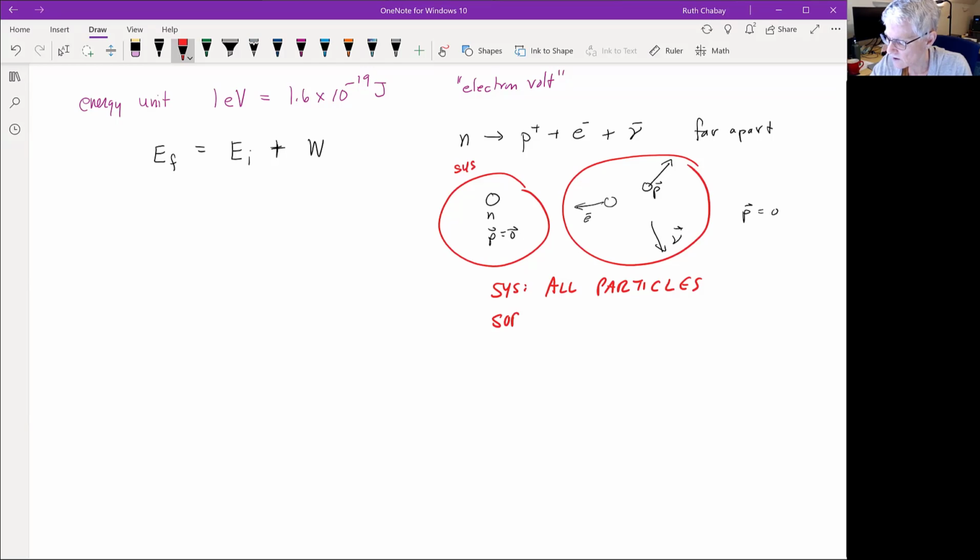And the surroundings, well, in this case, there's nothing significant. So we have this isolated neutron in outer space that's falling apart, and so there's nothing much. And that means that the work done is 0 because there's nothing in the surroundings affecting it.